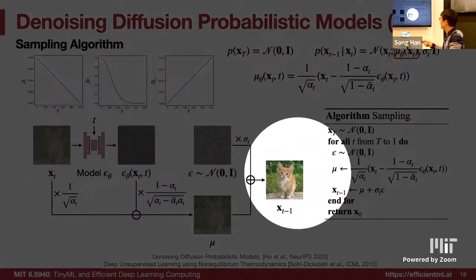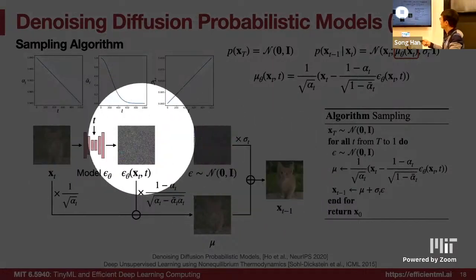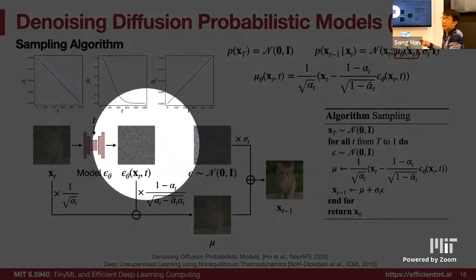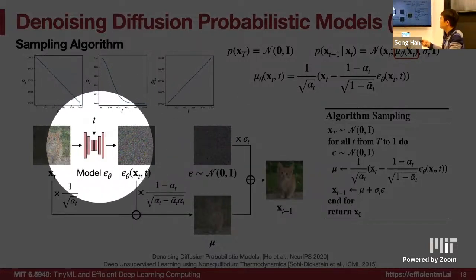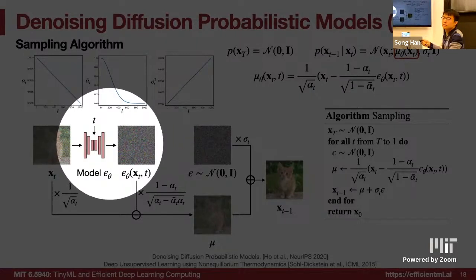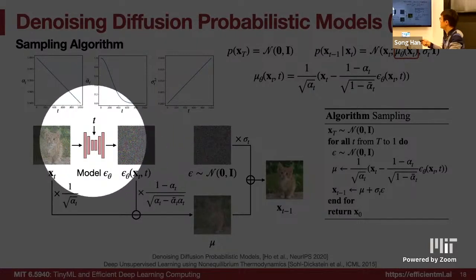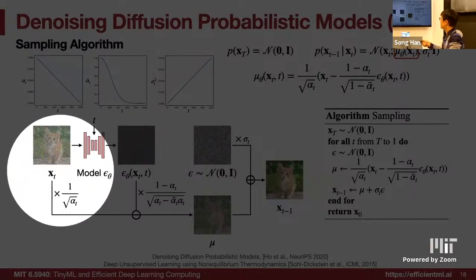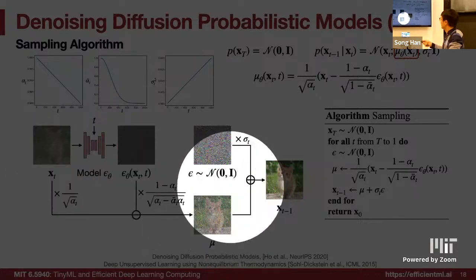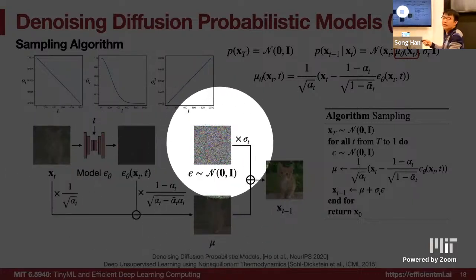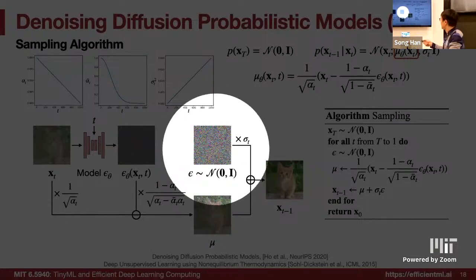The rule of thumb is to denoise. We first predict the noise using epsilon theta. This is the model, and this is where the majority of the computation goes. Predict the noise, subtract the noise, and here it actually adds another Gaussian noise.